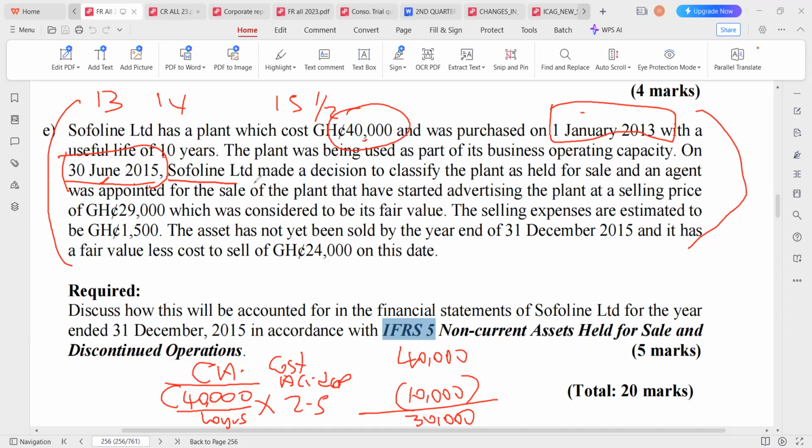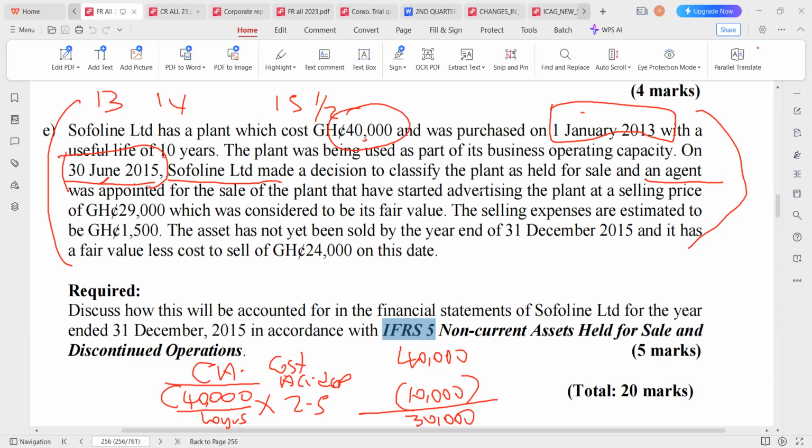It says Softline Limited made the decision to classify the plant as held for sale, and an agent was appointed for the sale of the plant.